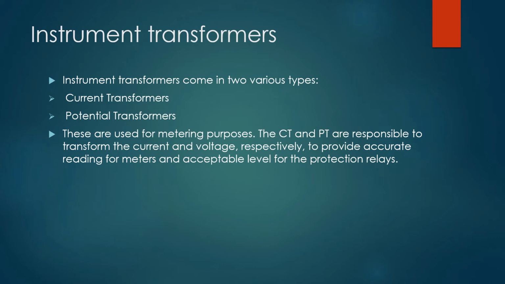The current transformer and the potential transformer are responsible to transform the current and voltage, respectively, to provide accurate reading for meters and acceptable level for the protection relays. One of the elements that we have already mentioned that is part of the distribution system is the protection relays. We'll cover it as we go through the elements.